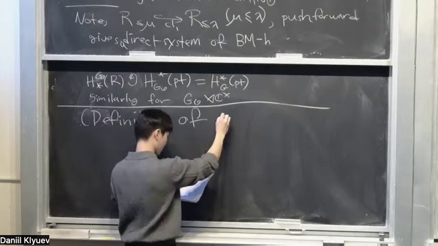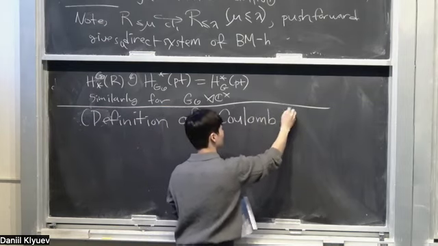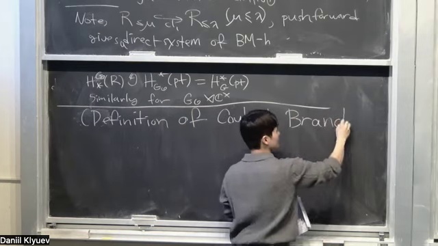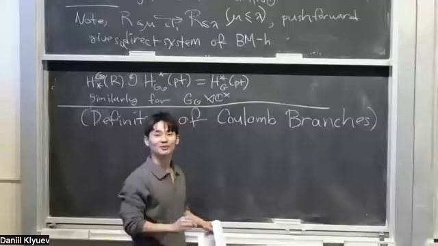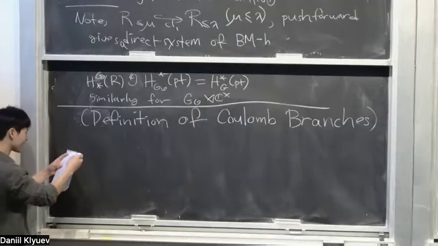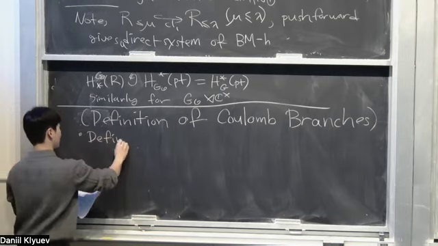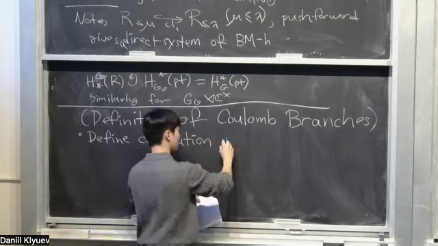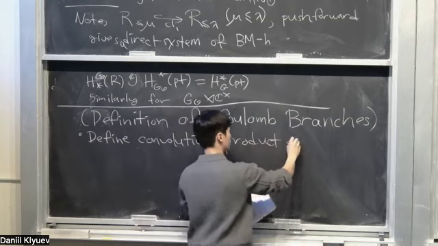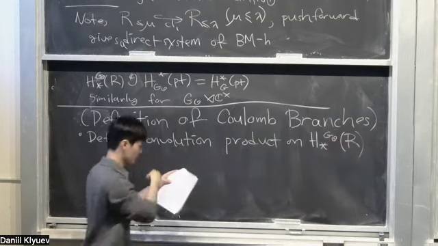So finally, not yet, but we're going to start defining Coulomb branches using the geometry that we just discussed. Where am I on time? Okay, so the task is to define and then study the convolution product on equivariant Coulomb homology.